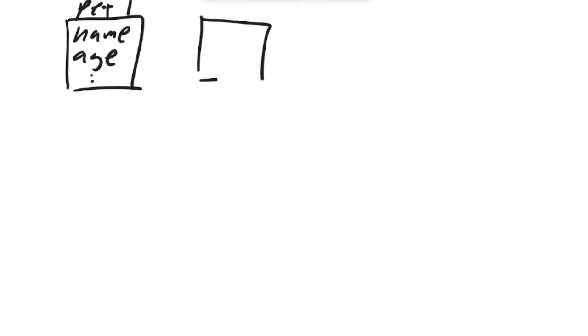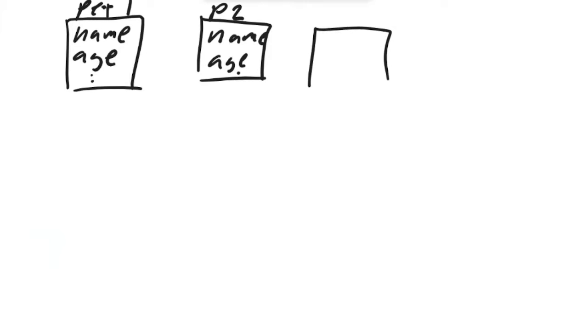pets. Pet 1. And so pet 1 will have a number of things. So we'll have a name and age and so on and so forth. Pet 2, P2, will also have a name and an age, so on and so forth.